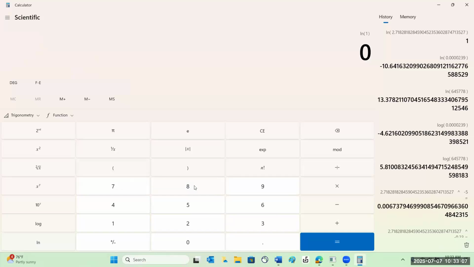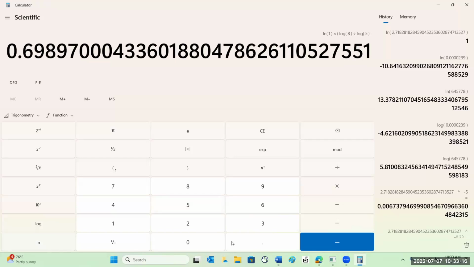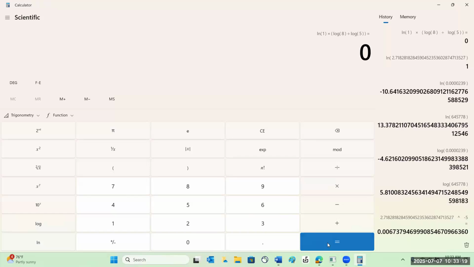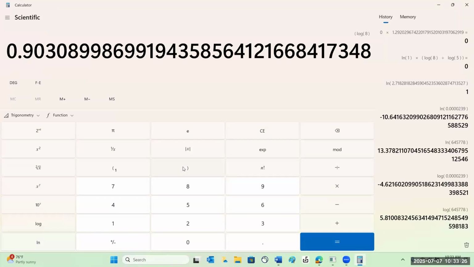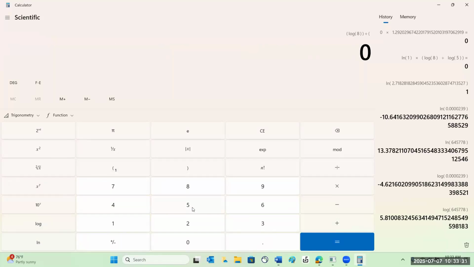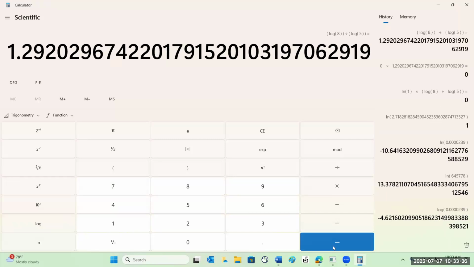So on top, we have log of 8 divided by the log of 5, which equals, oh, I didn't save those. 8 log divided by 5 log is equal to 1.2920, blah, blah, blah.